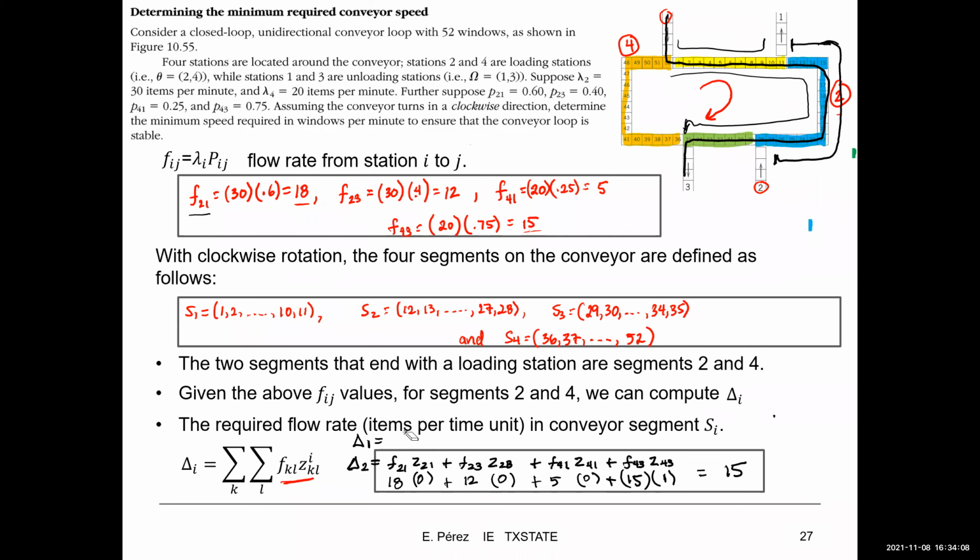And actually, we don't have to do it for 1 because 1 is an unloading station. We are only interested in the stations that are loading and then getting to an unloading station. So the only stations that are loading into the conveyors are 2 and 4. So we focus on those 2 because the other 2 are not loading anything to the conveyor. They're just unloading. So we can do 2 and we can do 4. Let's do 4.